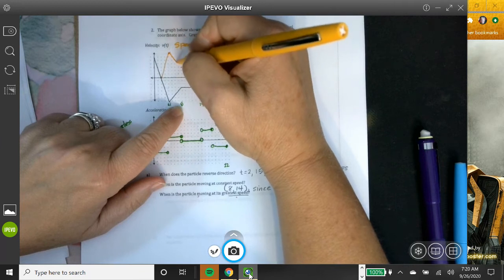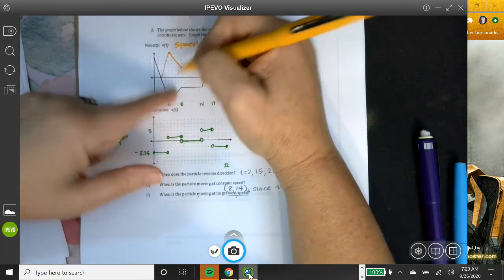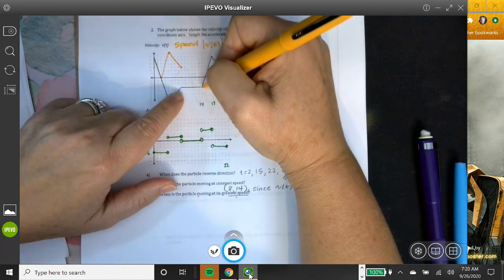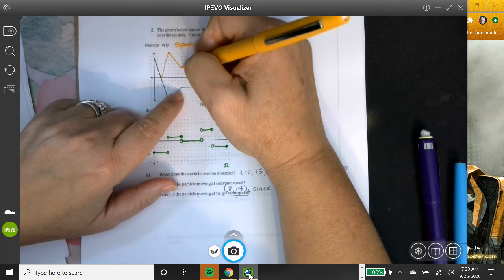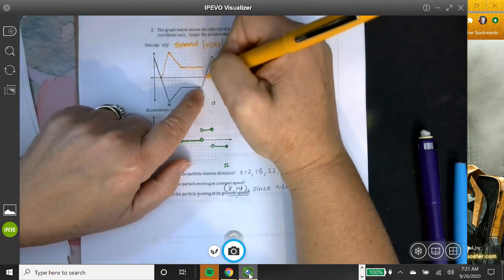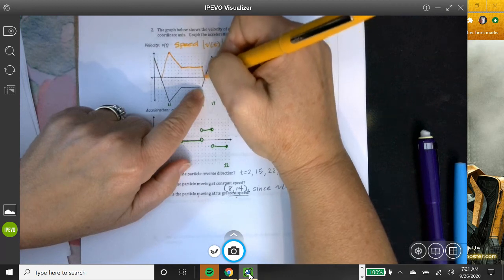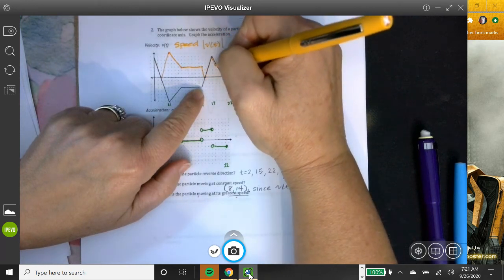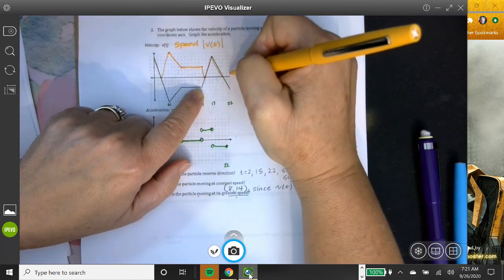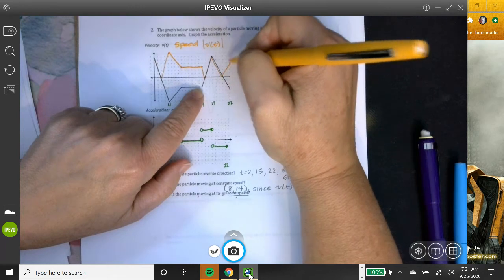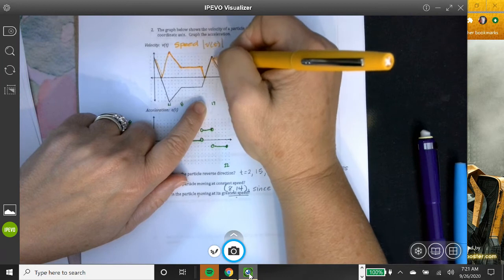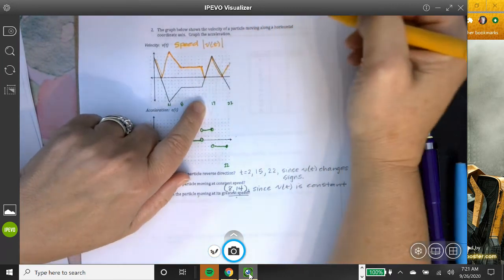So it's going to go to here, right? Because I'm just taking these y values and flipping them up. And then we're going to go straight across to here. And then I'm going to go back down to here. And then this stays the same because it's already positive. And then we're going to take this and go 1, 2, 3, 4, up. And so the speed graph is this one, right? Because that's the absolute value of the velocity graph in black.